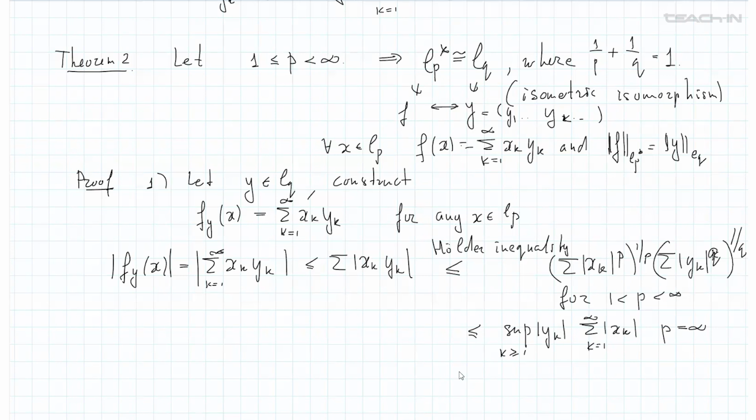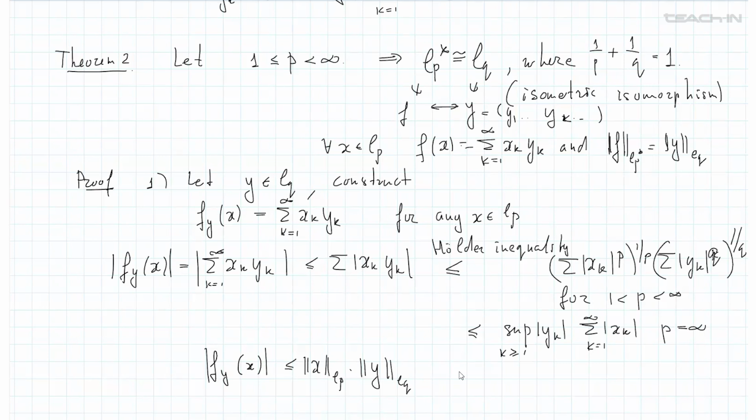So by the Hölder inequality, we obtain that in any case this is less than the norm of x in Lp multiplied by the norm of y in Lq, for any x.